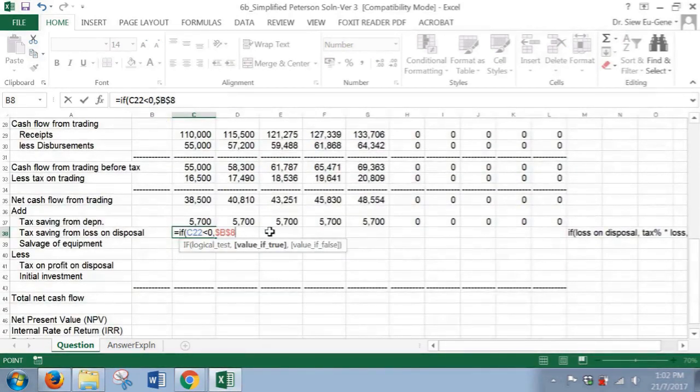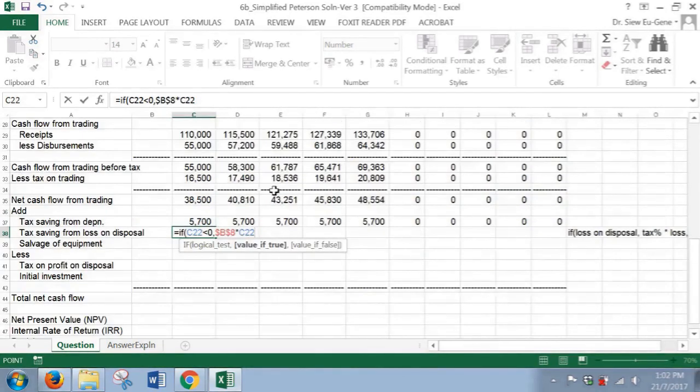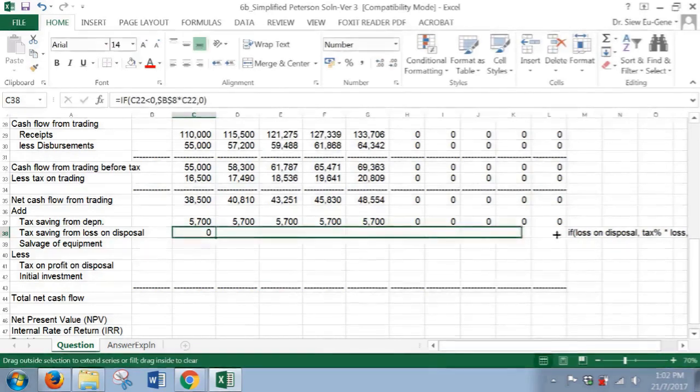B8 times the loss, which is at C22. If I don't make a loss, or neither do I make a profit, I just pay 0 to the tax department. If I make a loss, I can claim from the tax department. If I make a profit, I have to pay more in taxes. So we'll just press enter here, and we'll drag across.